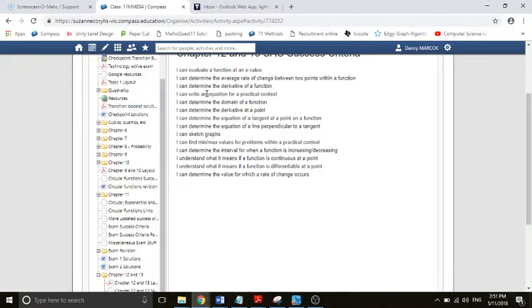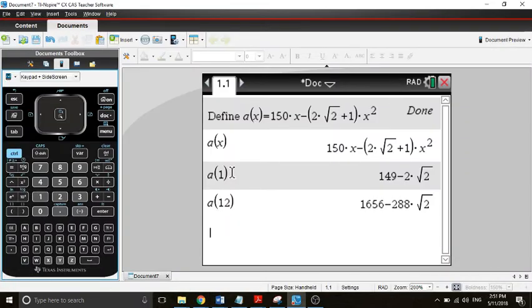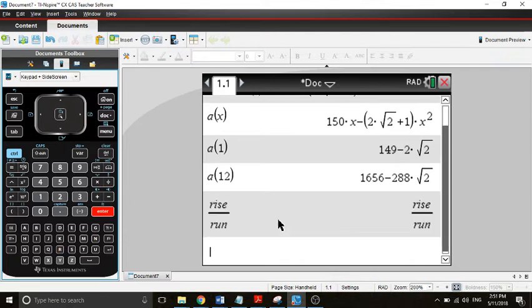Now it's asking us to determine the average rate of change between 2 points within a function. So here are our 2 points. We want to find the average rate of change between x equals 12 and x equals 1. So we do our rise over run, where our rise is our 2 y values and our run is our 2 x values.